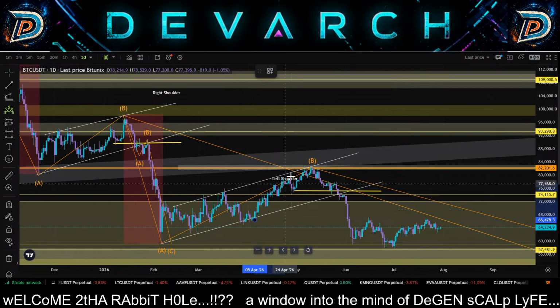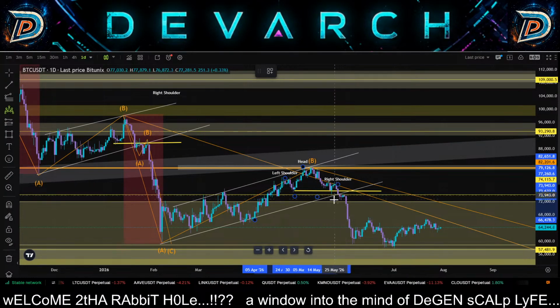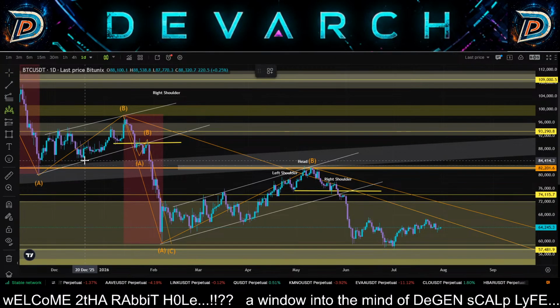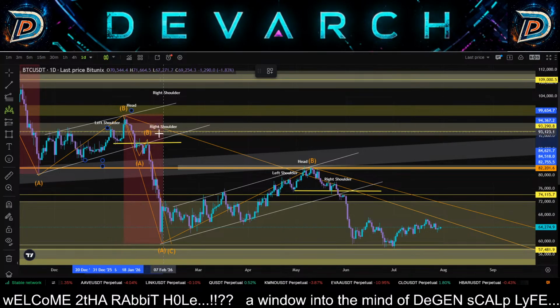And price action itself moves within a distinct form, and the way that it's fractal is the same patterns you're going to see on all time frames.